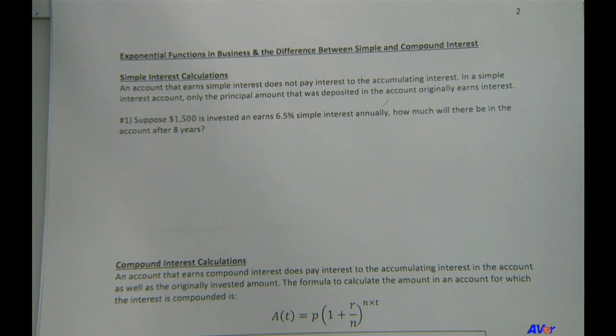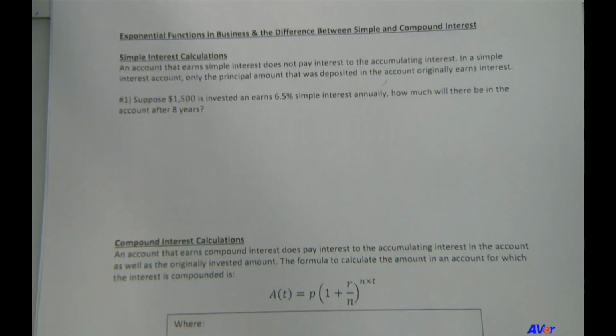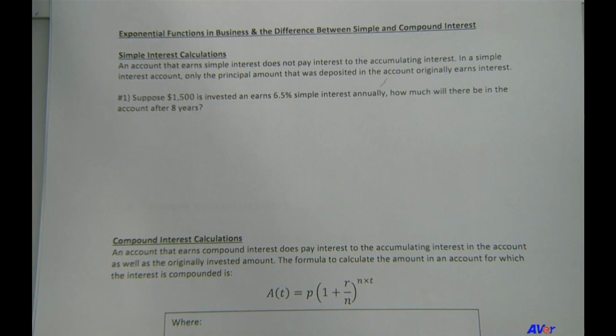So in nature and science, you do have applications, but your book decides to focus on business applications, which is just fine. So in business applications, we have either a simple interest rate, or a compound interest rate.